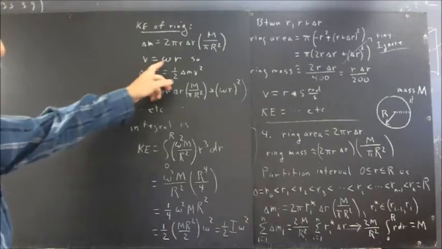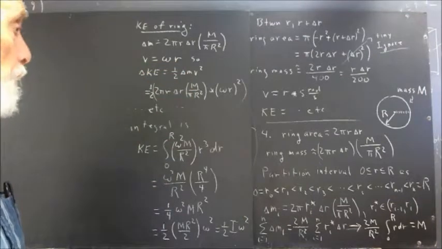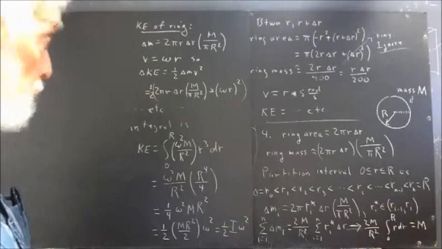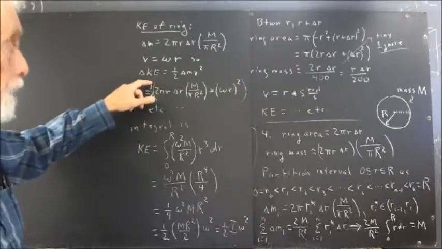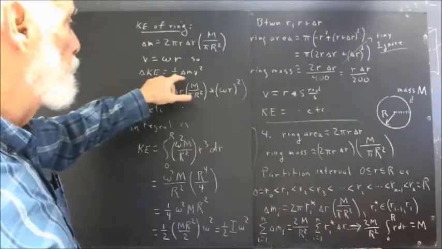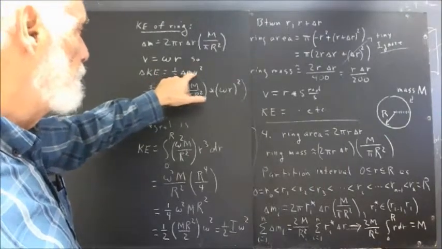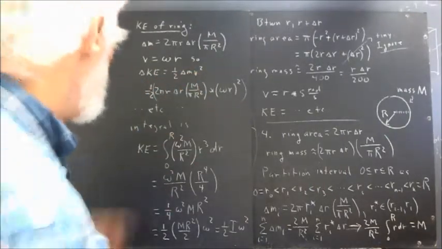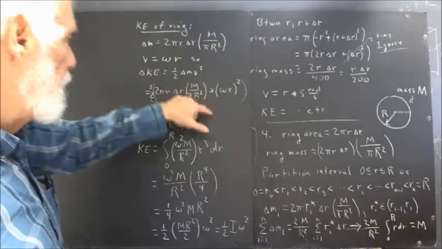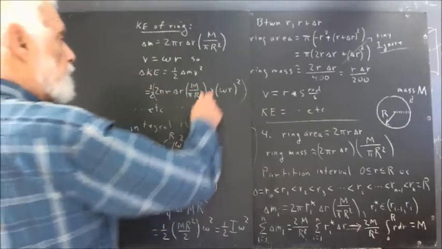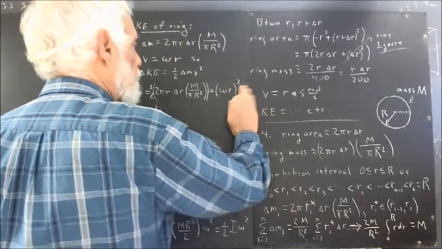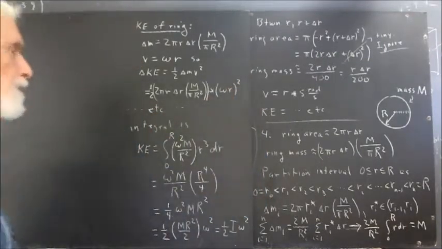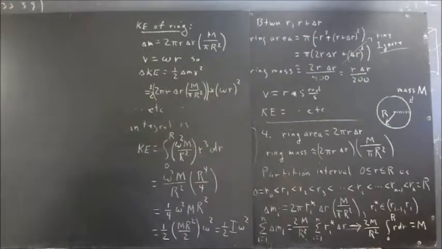So the velocity is just omega r, and omega is one of the quantities that we're assuming. So our kinetic energy contribution is 1/2 delta m times v squared, 1/2 of this mass contribution multiplied by the square of our velocity, and we then move that on into an integral.